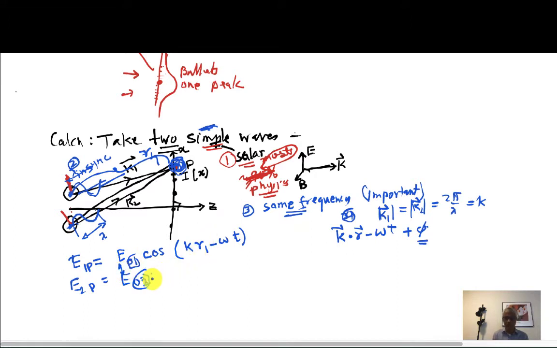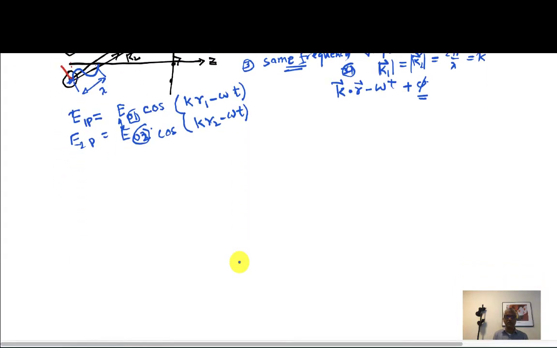We can do that too, but let's just keep it a little bit different. Turns out this doesn't cause too much trouble for us in the calculation. So this distance will be R2, so k times R2 minus omega t. All right. So far so good. Are you all fine with that?